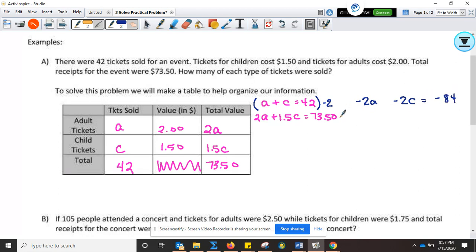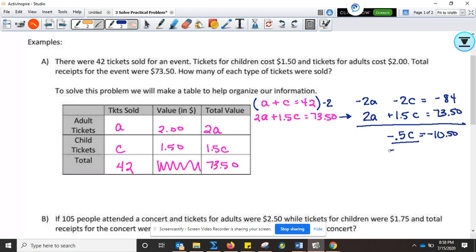My second equation just comes straight over, 2A plus 1.5C equals 73.50. Now I'm going to add each column. My A's go away, and I get -0.5C equals -10.5.